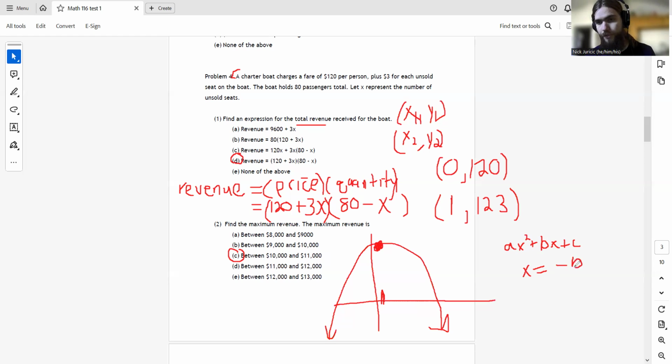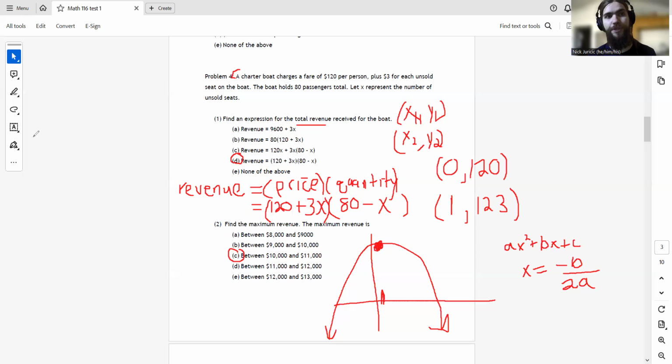It's always, regardless, going to be negative b over 2a. So if we wanted to approach it like this, we could FOIL this out, 120 plus 3x times 80 minus x, and we could find negative b over 2a. That would tell us the x value of where it occurs, or rather how many seats. If we wanted to find the price, we could plug the vertex back into the quadratic function. And in the end, I think the revenue ended up being maximized somewhere around 10,800.